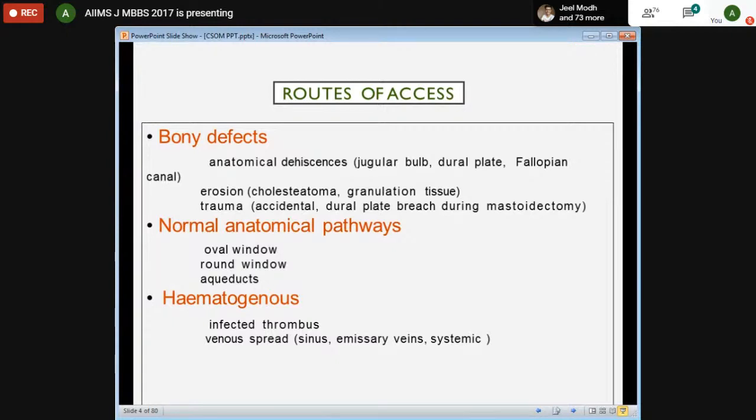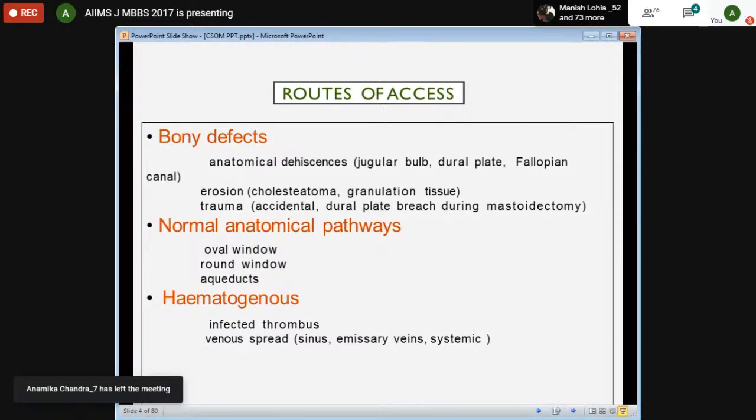Other factors are bony defects. There are anatomical dehiscences, which is a normal phenomenon. Sometimes at the jugular bulb, there is usually a bone, but sometimes it is absent. Also through the dural plate and through the fallopian canal, which carries the facial nerve and in 50% of cases may be dehiscent. Erosion by cholesteatoma and granulation tissue, as I discussed earlier.